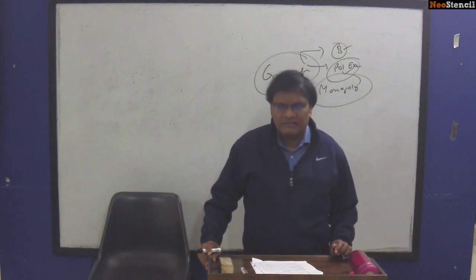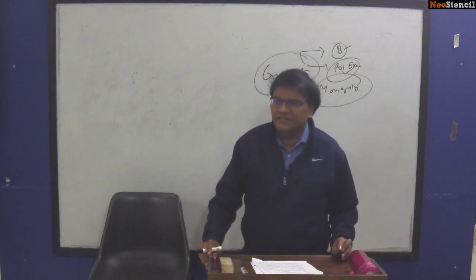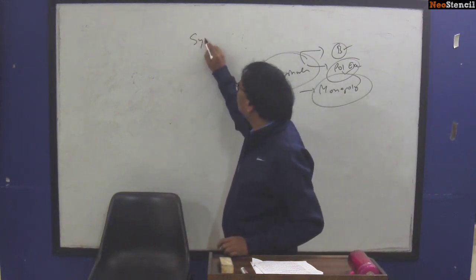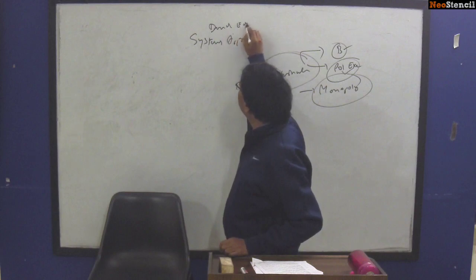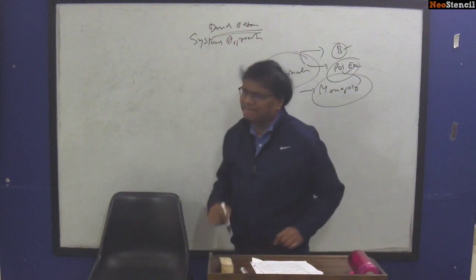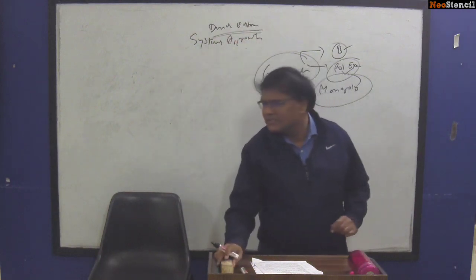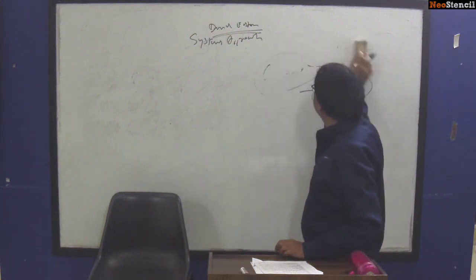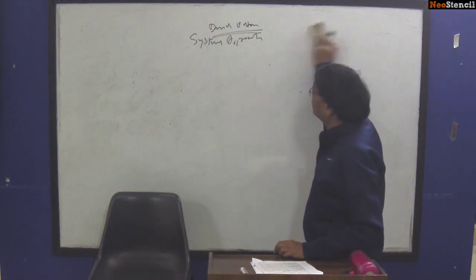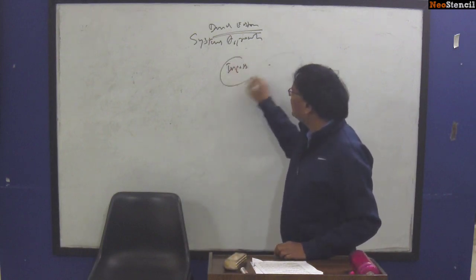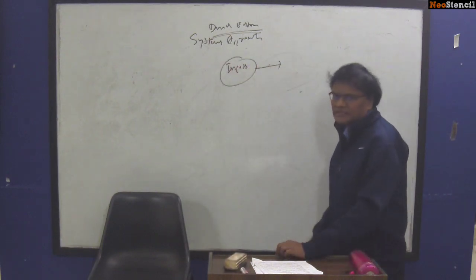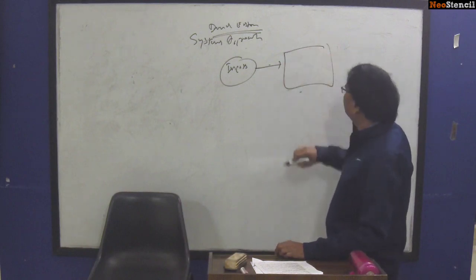Now, when we talk about governance, this is what we call the systems approach, David Easton. So, what are we saying here? The inputs are received by the system. These inputs would go into the system.